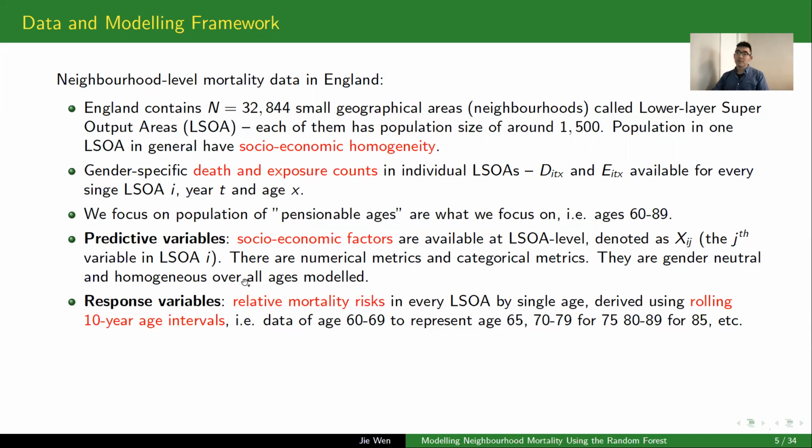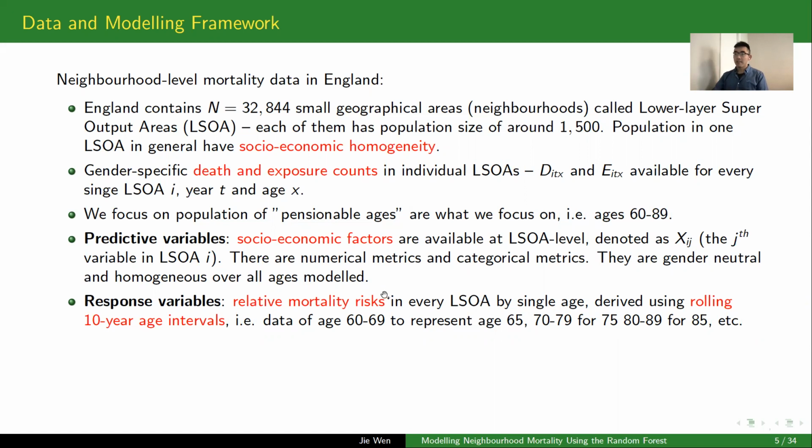In terms of the response variable, because the purpose of the model is to estimate mortality, we have taken a metric called relative mortality risk in every LSOA as the response variable. It is defined by single age, and is derived using a rolling 10-year age interval with the particular age at the midpoint.